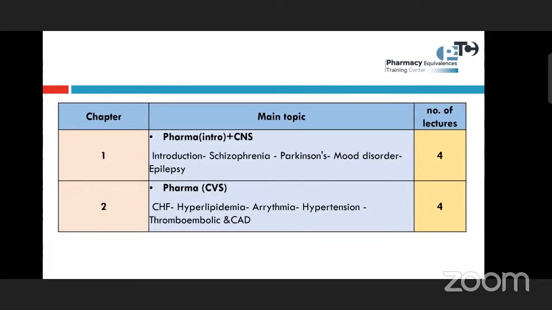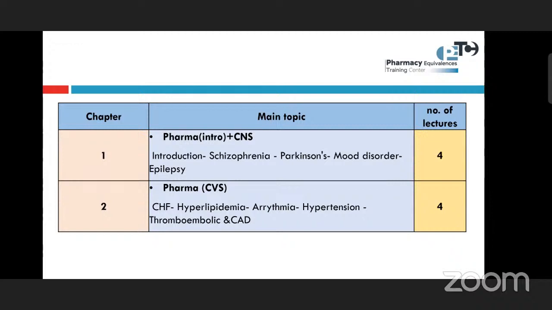In this chapter, we will discuss many topics related to CNS, like schizophrenia, Parkinson's, mood disorders, epilepsy, and other small topics. Okay, as I mentioned, after each lecture, there will be questions related to the previous exams from pre-course.